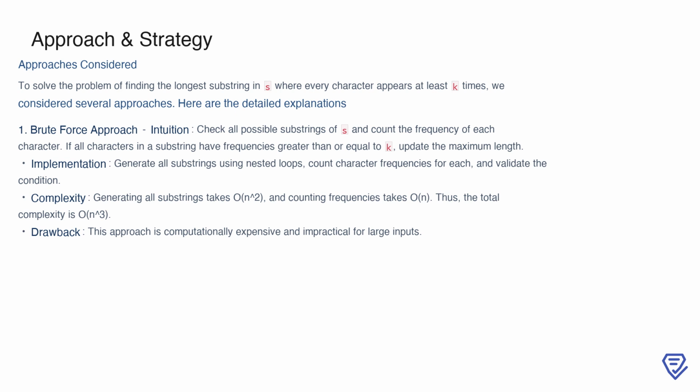This method involves generating all substrings using nested loops and validating their characters' frequencies, which makes it computationally expensive. Specifically, generating substrings takes n squared time, and counting frequencies for each substring adds another n, resulting in a total complexity of n cubed. While conceptually simple, this approach is impractical for large input sizes due to its inefficiency.